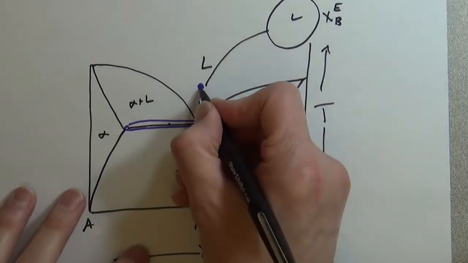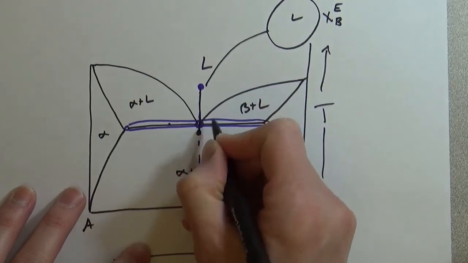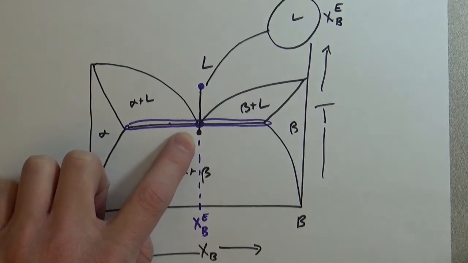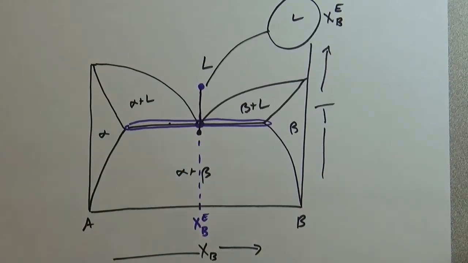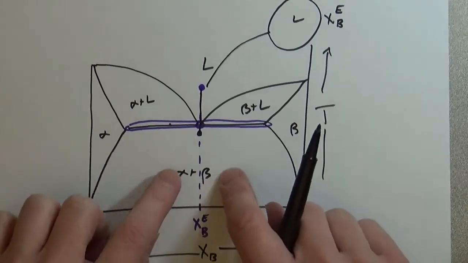We cool it down until we just cross into the two-phase region, right? So we form a solid, and in fact we form all solid. This entire liquid region transforms into an alpha plus beta.